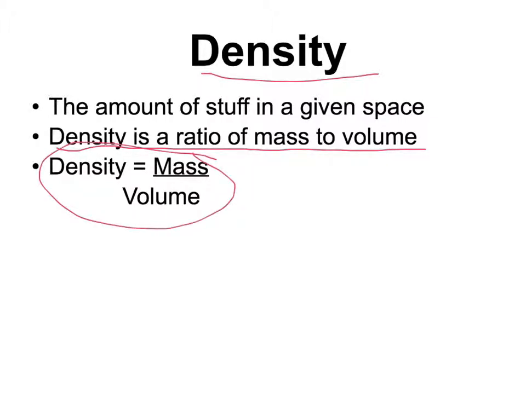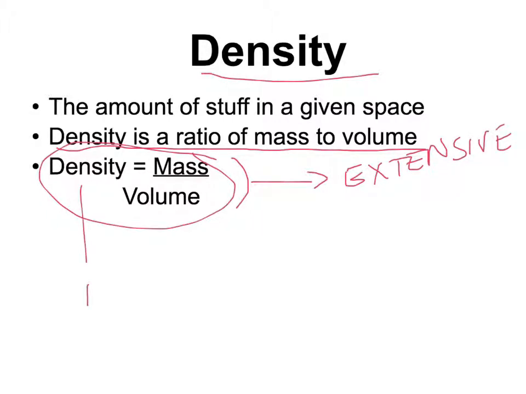It's odd to look at, because these two things here are extensive properties, yet density is an intensive property. The reason the intensive property results from these two extensive properties is because it's the ratio.